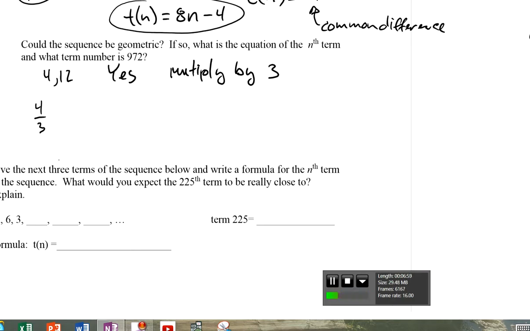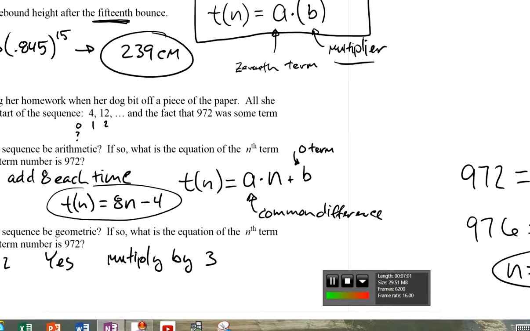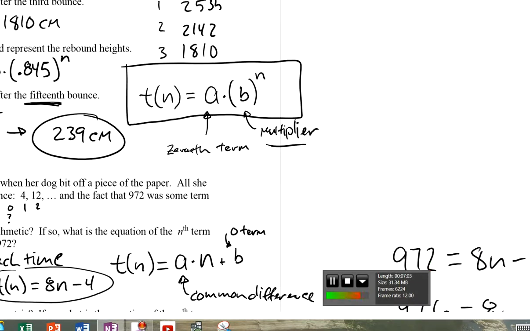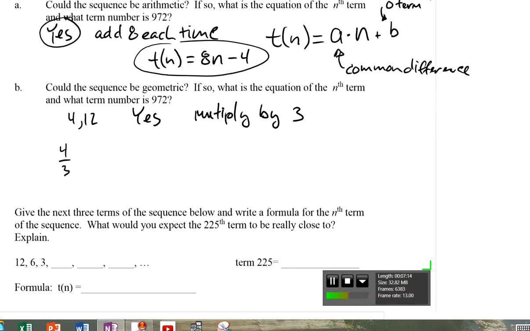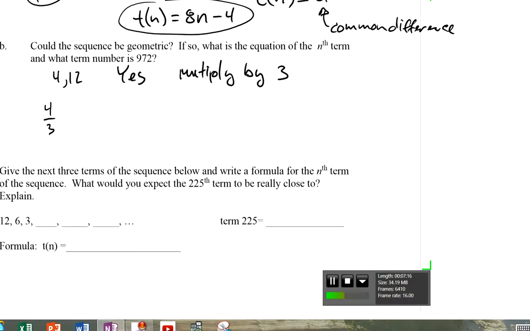We're multiplying by 3. Now, come back up, and you can look at this previous problem right here. I want you to think about that. The nth term is your 0th term times your common ratio raised to the nth power. So what would be the equation for this if it was a geometric sequence?